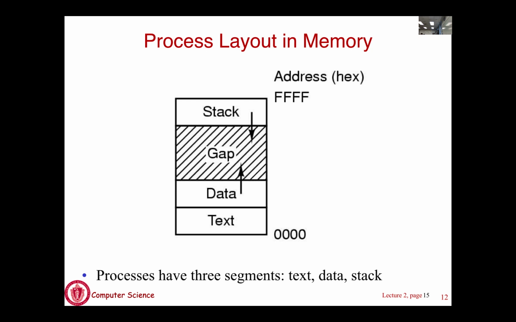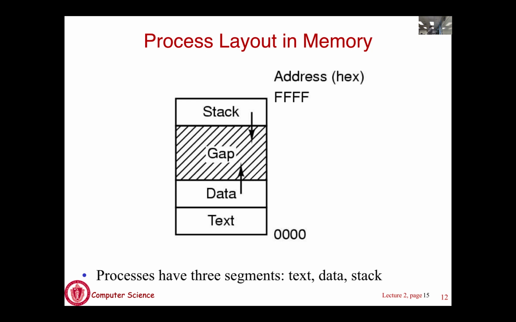There is some additional logic which allows us to take parts of this process and put them wherever we want in RAM, and all of that translation is done transparently by hardware and, in some cases, the OS. So you do not actually see this when you are executing. When you are executing, this is what the process thinks it looks like, but underneath, that is not how it is actually laid out in memory. So it is transparent to the process, is the short answer. It does not need to worry about it.